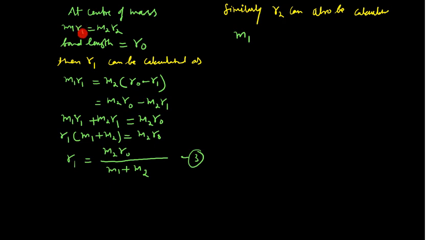How can you calculate R1? It's quite simple again. If you subtract R2 from this R0, then definitely you will get this R1 value, and that would be equals to M2 R2. In the same way, if you solve this particular equation, then you will have R2 equals M1 R0 divided by M1 plus M2. I am not solving it, you can solve it on your own, it's very easy. So this is equation number 4.